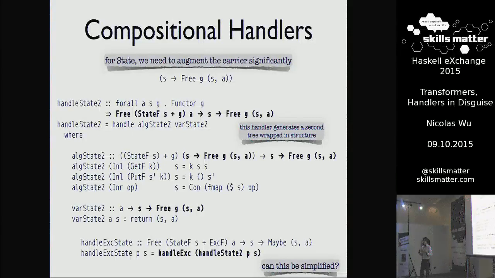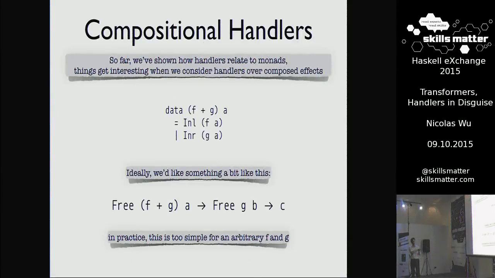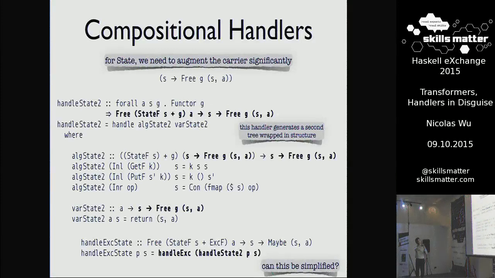And it turns out the only semantics that really work is this one here, where the carrier is this s to free g of s comma a. That's already breaking our hope here of recovering just a tree with g's where all the semantics are inside the b, because the state s here has somehow escaped the context of the values inside our tree. So that s is somehow outside already. So we have a problem here.